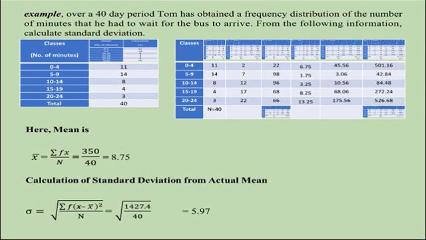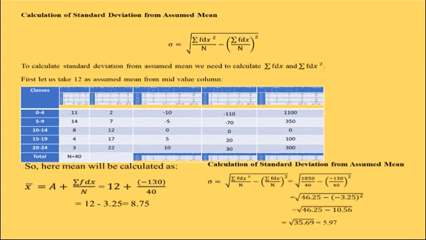Now by putting the values of summation f into x minus x bar raised to power 2 and n in the formula, sigma is equal to under root summation f into x minus x bar raised to power 2 divided by n. We get the standard deviation, which is equal to 5.97.